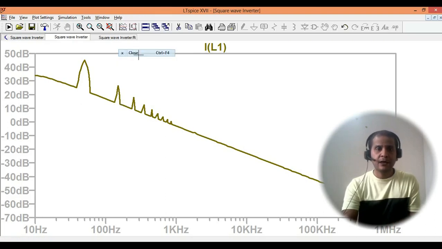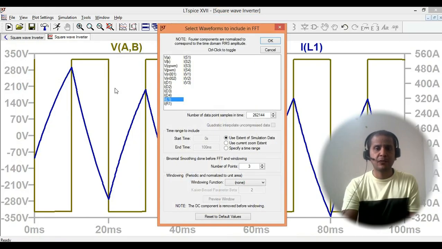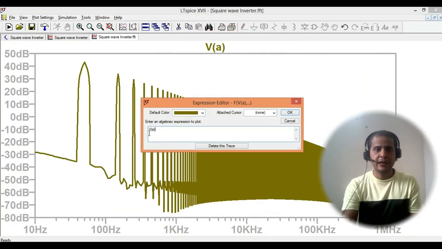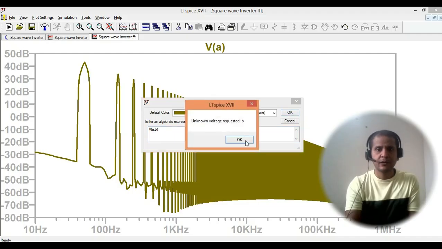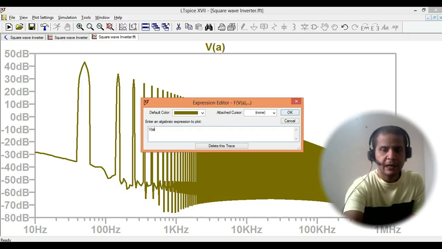Let us now look at the harmonics for your voltage, output voltage. So in order to do that, let me check VA, how it looks like. Okay, and what we can do here, basically this is VA and we can write it here VB. Let's see what is going to show. Unknown voltage range, I want to do with both VA and VB.